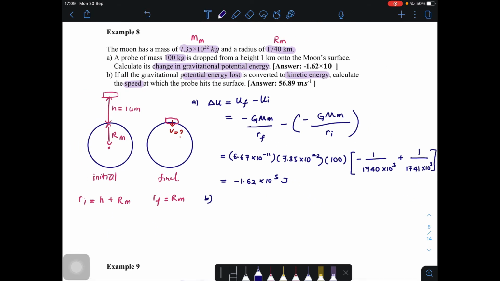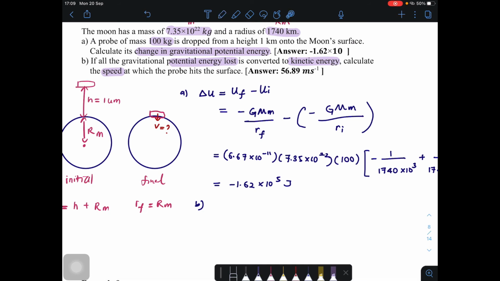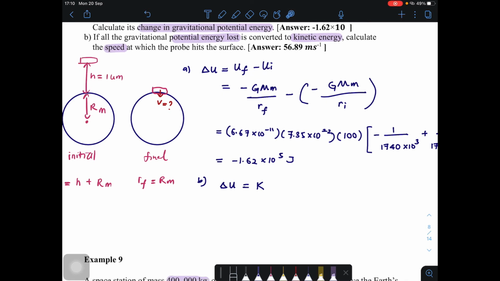Okay, so now based on this information, kita tahu potential energy loss is converted to kinetic energy. So all the potential, kan dia cakap all the potential energy loss, maksudnya initial dan final energy loss, which is this value here actually. So delta U is now converted to kinetic energy. We know that kinetic energy is equal to half mv squared.